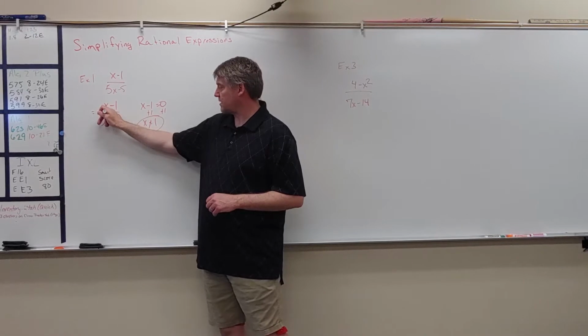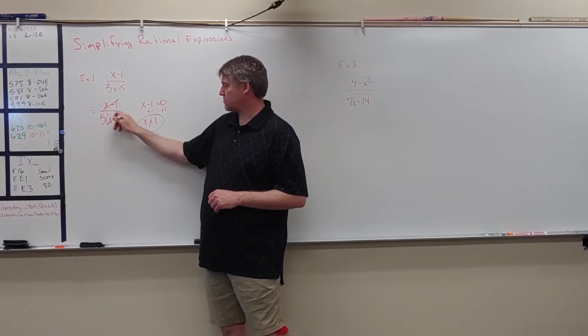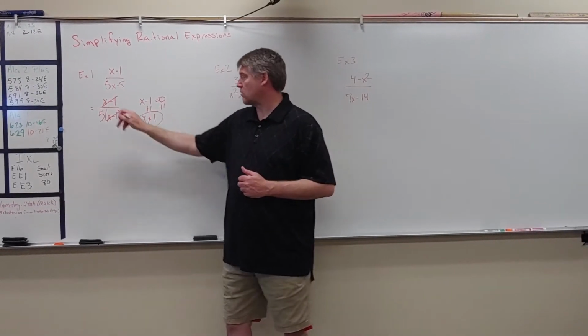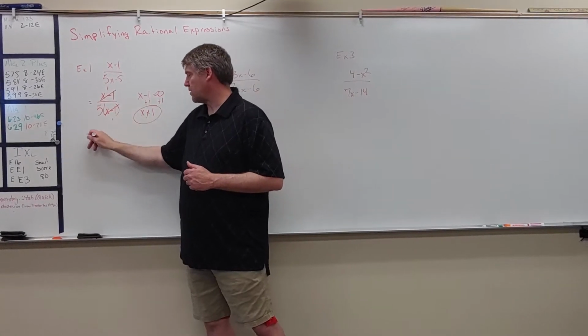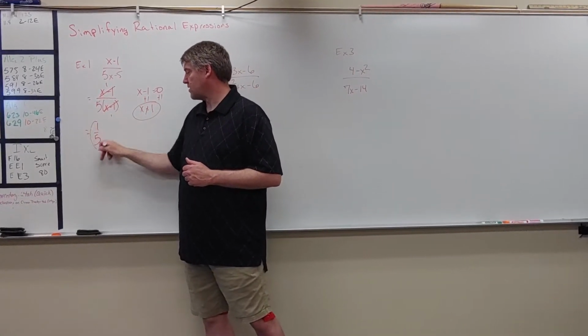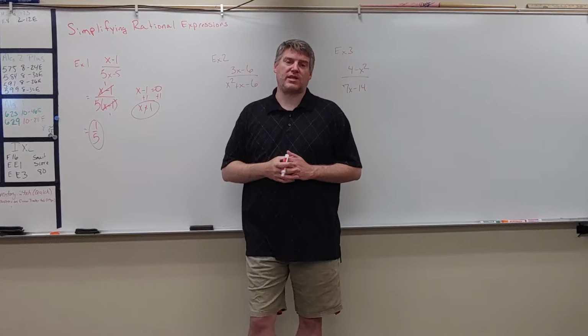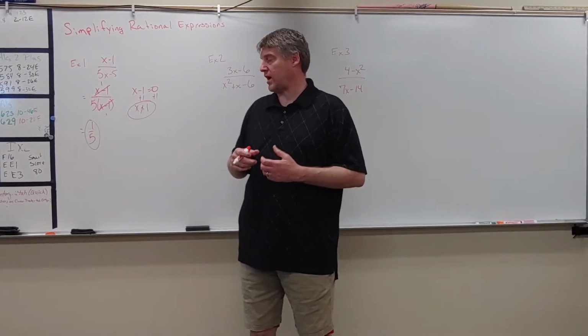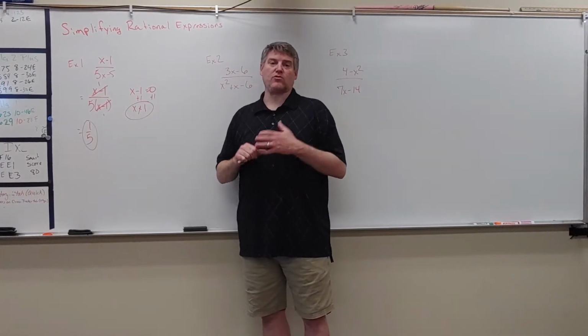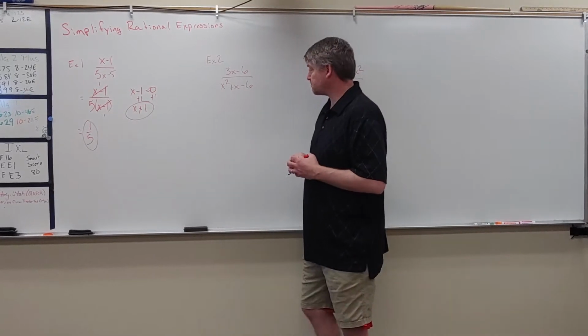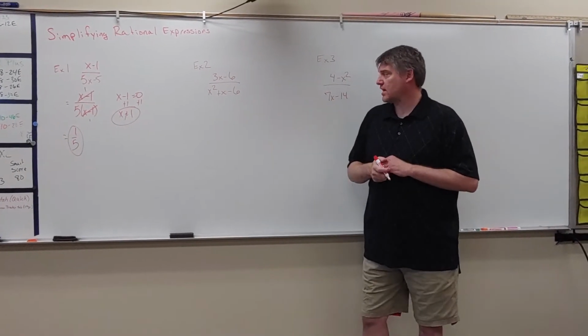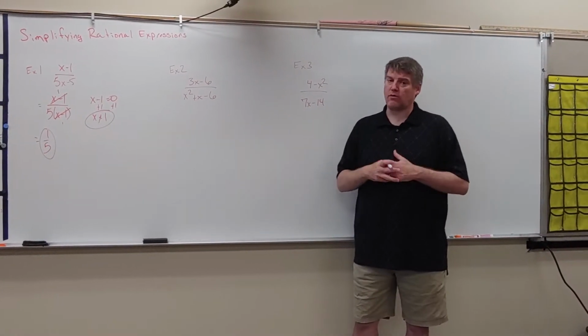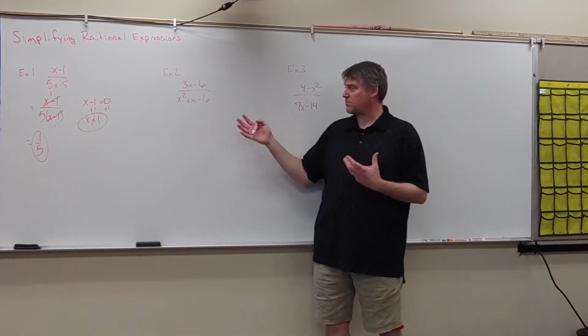Since there's an x minus 1 on top and an x minus 1 on bottom, those cancel out, leaving me with 1/5. So this whole thing is going to reduce down to 1/5. We just can't plug in the value 1. So that's our restriction.